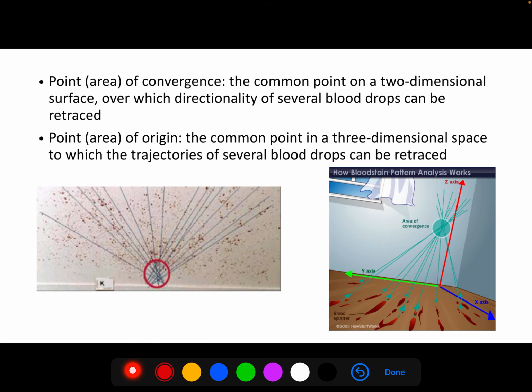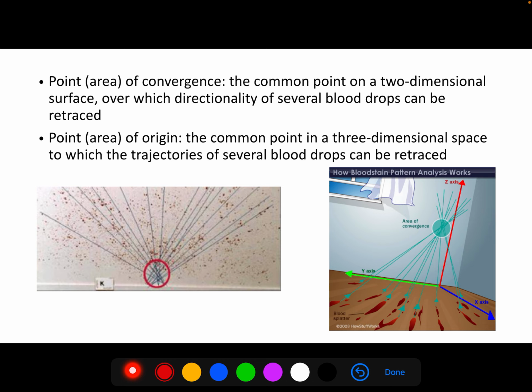Whenever we are trying to figure out where blood is coming from at a crime scene, we can look at the point or area of convergence or the point or area of origin. When we're looking at the point of convergence, this is the common point on a two-dimensional surface.